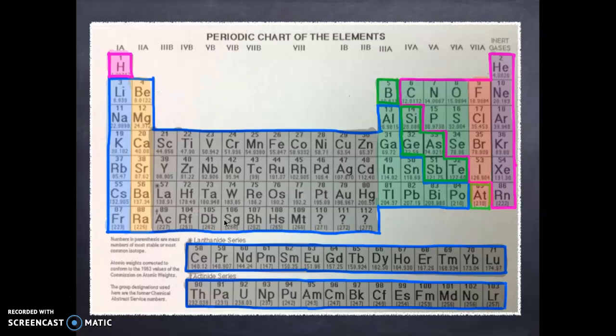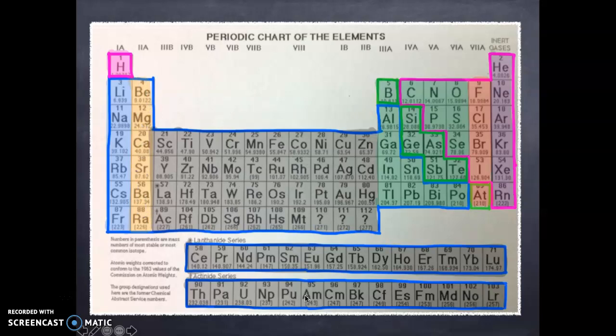Okay, so putting it all together, this is what our table looks like. Again, we have our nonmetals here outlined in pink. We have the metals outlined in dark blue, and our metalloids outlined in green. We have our groups designated as group 1 is the alkali metal. Group 2 is the alkaline metal.